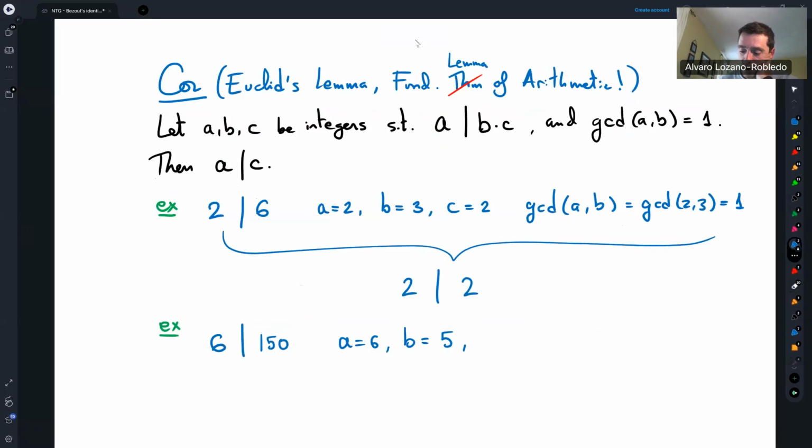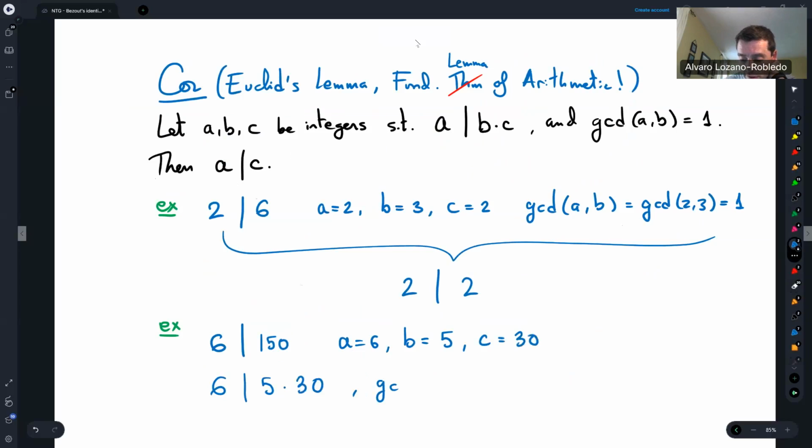Okay, so this is 150, so that... yeah, so I can write 5, and let's write this to be 30, so that 6 is dividing something like 5 times 30.